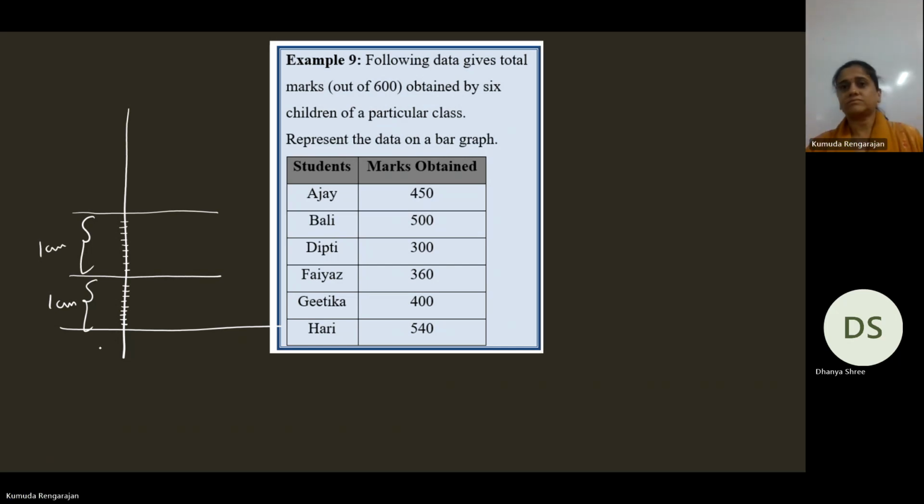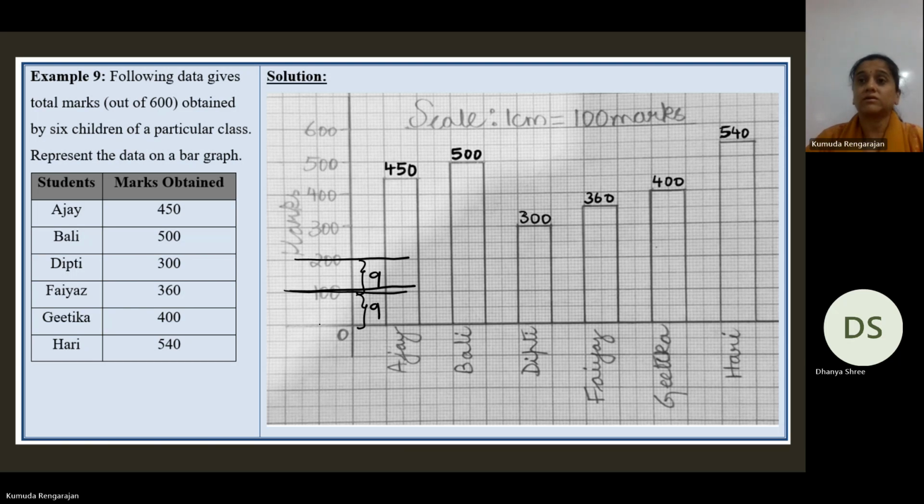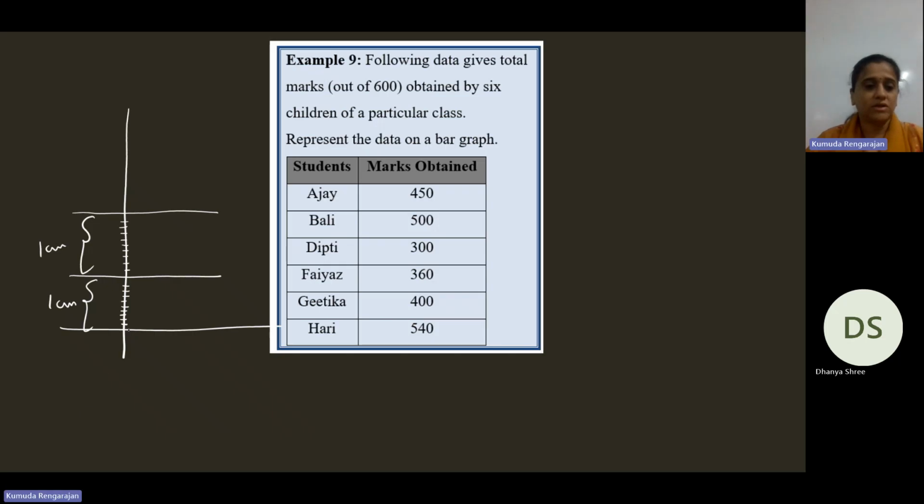Then the 1 centimeter we are talking about is this line. Between these there will be 9 divisions. This is the 10th one. So that's what I've shown here.